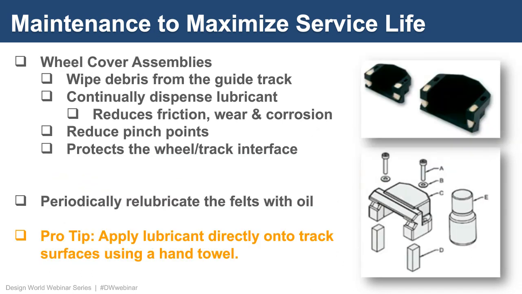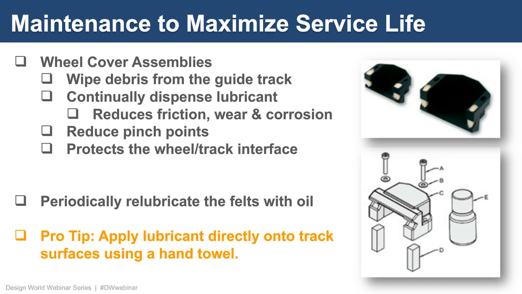There's another type of lubricator that we call a wheel cover assembly. These also wipe debris from the track, but they mount around the guide wheel. They actually have two oil-saturated wiping felts. These are great because they can push debris in both directions away from a guide wheel. They also continuously dispense lubricant to reduce that friction, wear, and corrosion.